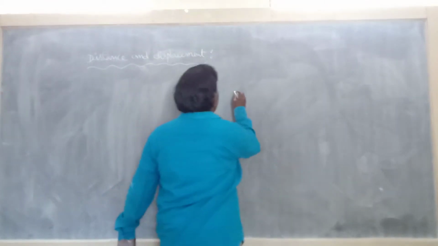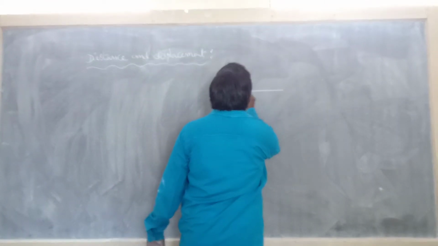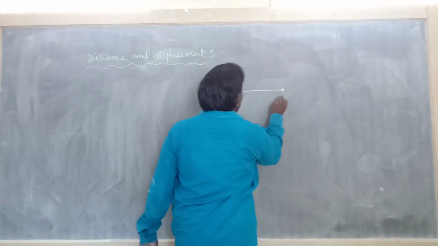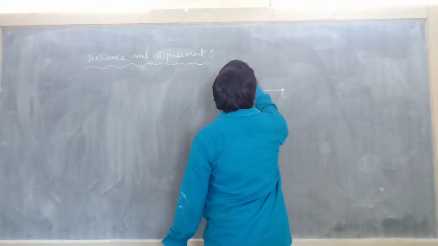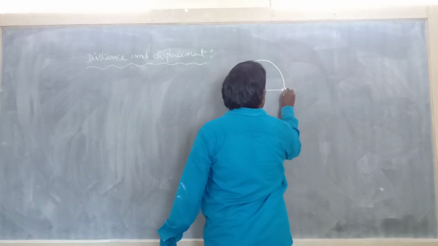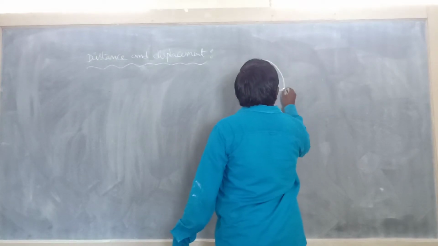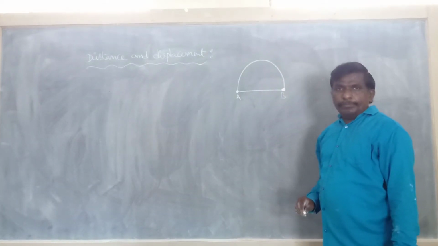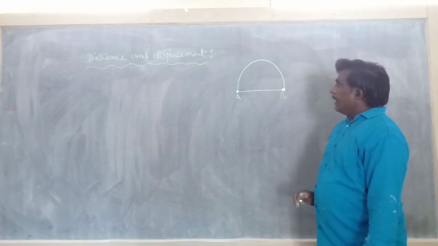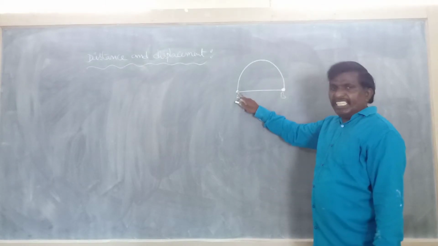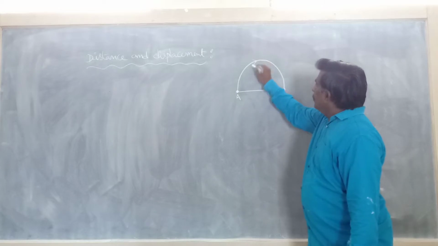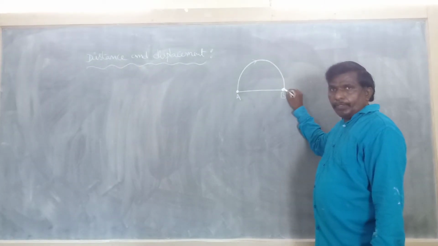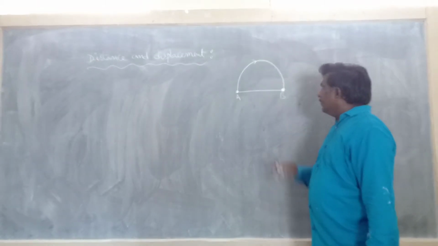You observe here, when a body travels from initial point A to final point B. Okay, this is the initial point and this one is the final point.